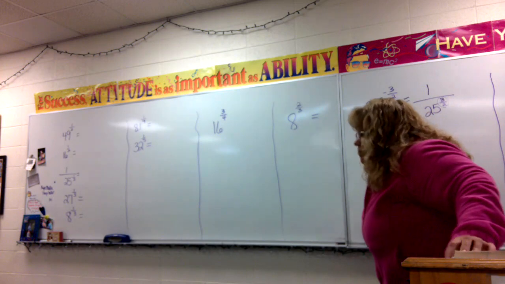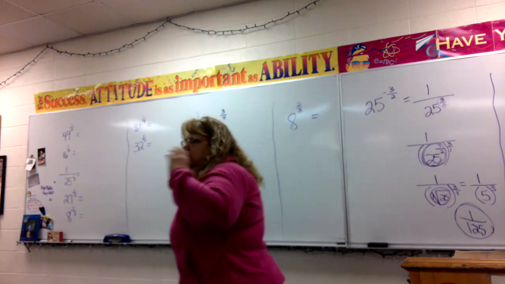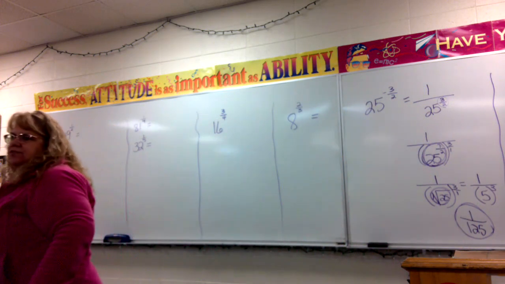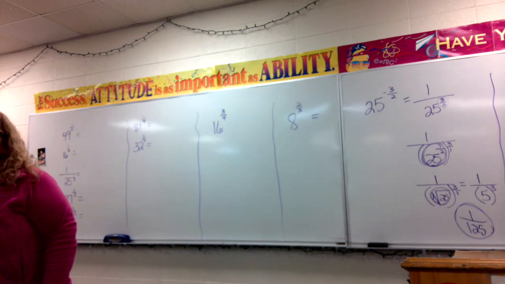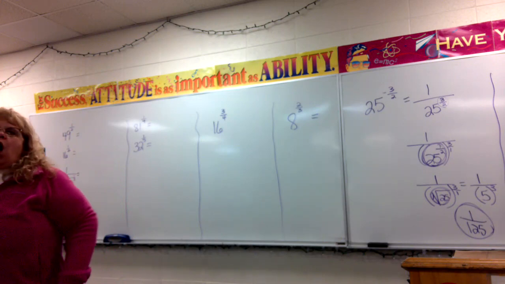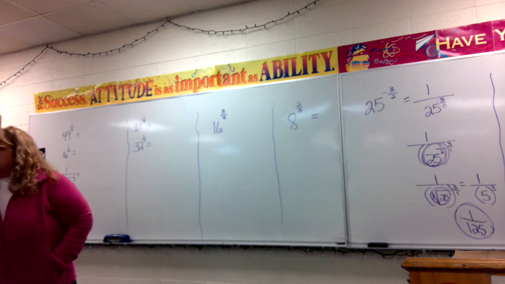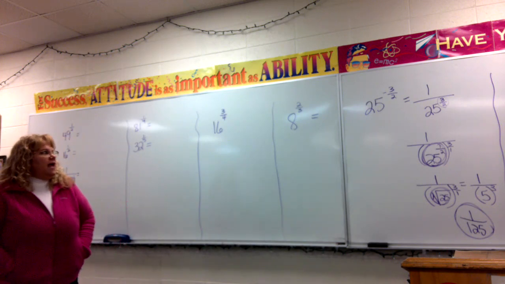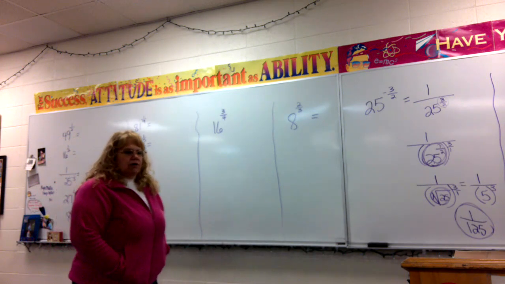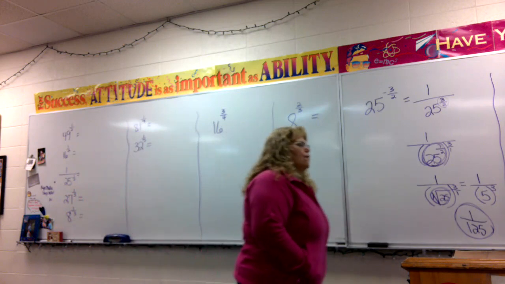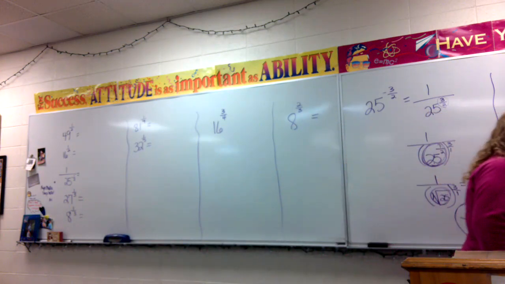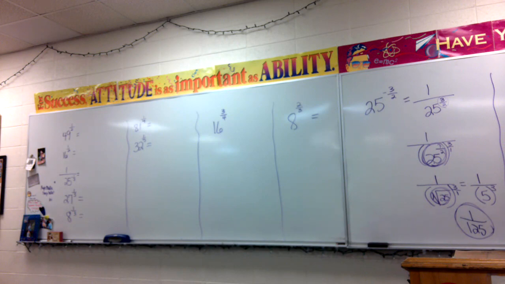Anyway, so here's working with exponents. Already we have worked with positive exponents, like 4 to the third power, for instance, right? 4 times 4 times 4. And this year we have worked with 0 exponents.